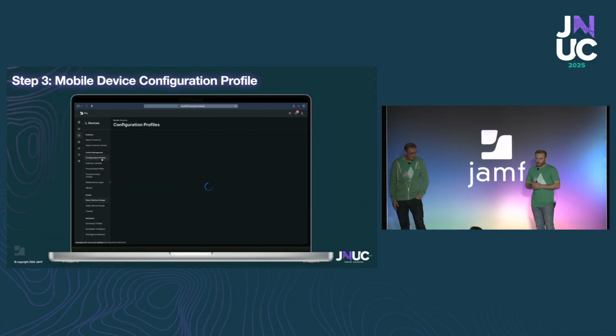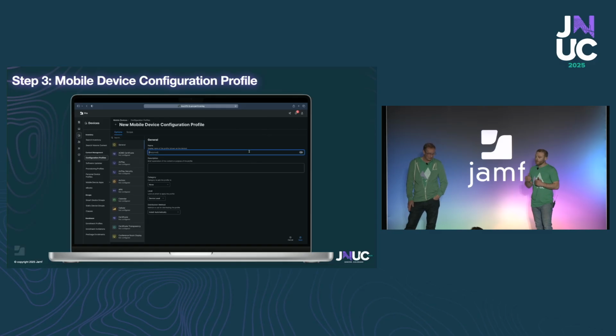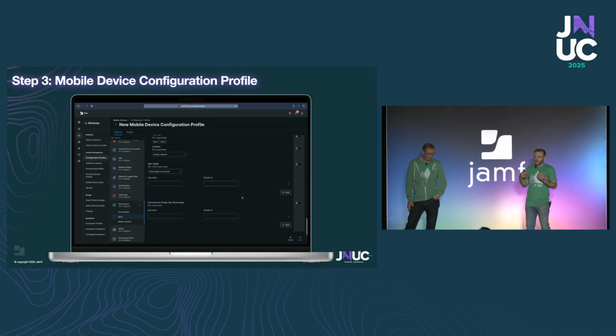Step 3, we're building a configuration profile scoped to our newly created Devices with Lock Screen Disabled smart group. So we're giving it a name. This configuration profile serves as both a means to minimize the risk of data leakage while also providing information to the user that is helpful on how to remediate their device without engaging IT directly.